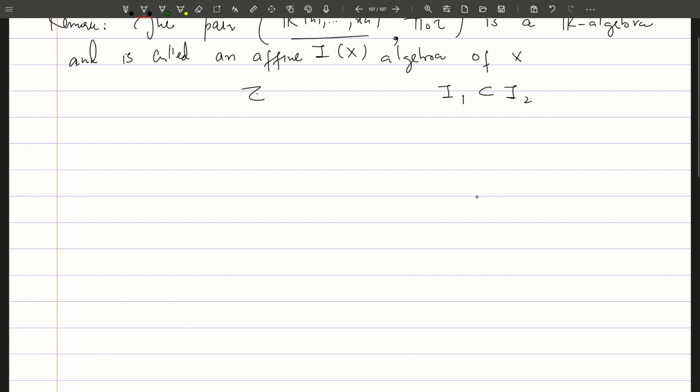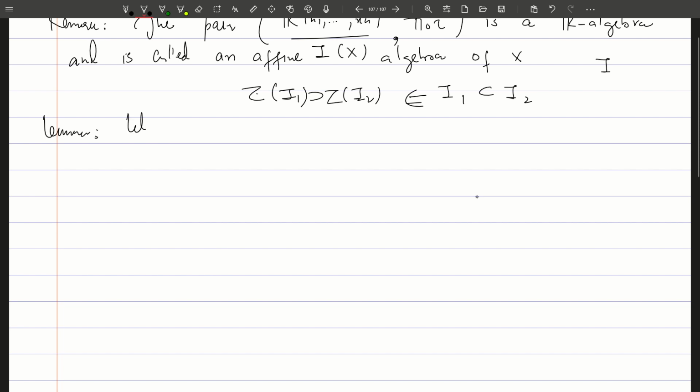This would imply Z of I1 contains Z of I2. So the function I behaves similarly to the function Z. This function I is also a decreasing function. So we have a short lemma here.